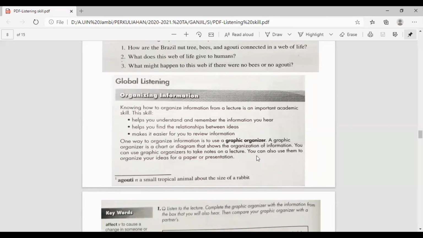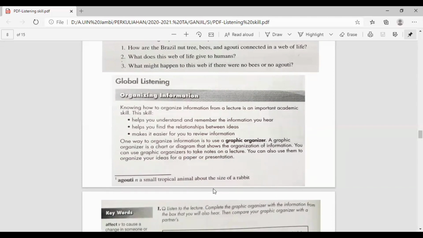So make sure you practice your skill to organize information by practicing writing and outlines, and taking notes from a lecture or a talk. You can also use them to organize your ideas for a paper or a presentation.